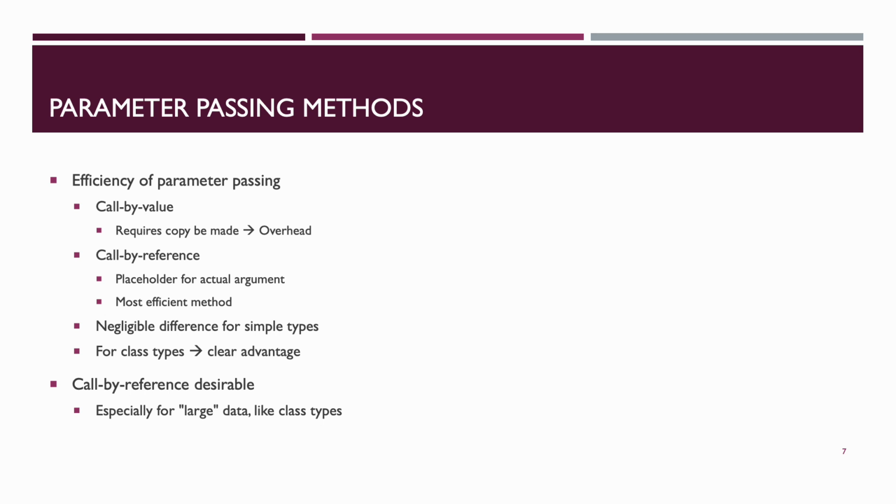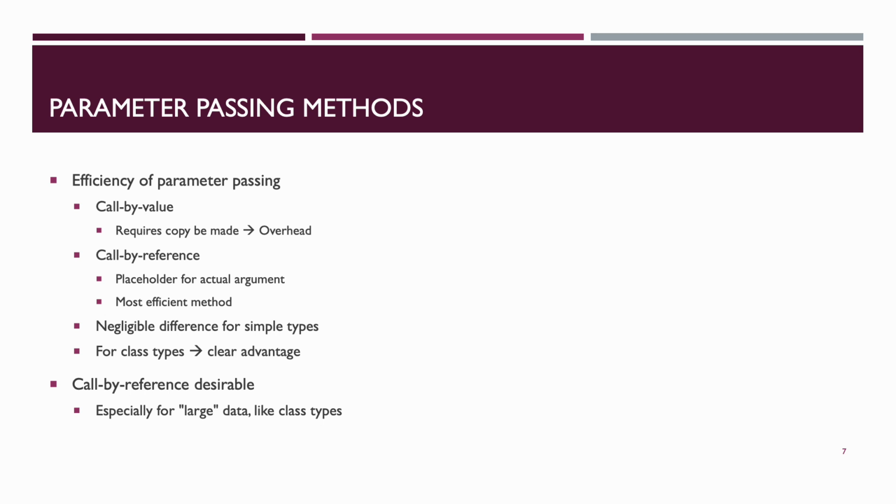Then for class types or more complex data structures, call by reference provides a clear advantage. These types often involve large amounts of data or complex memory structures, and making copies of such data can be costly in terms of both time and memory.